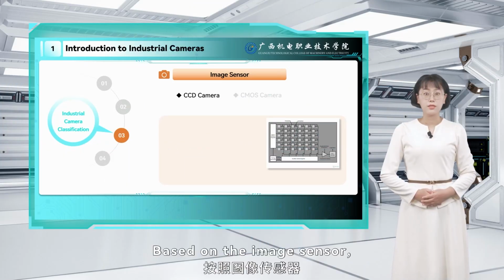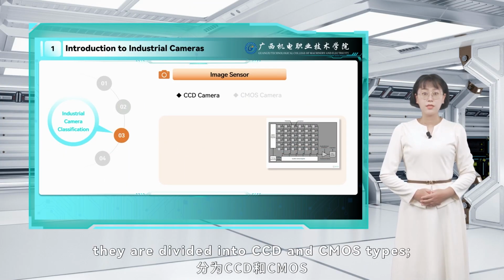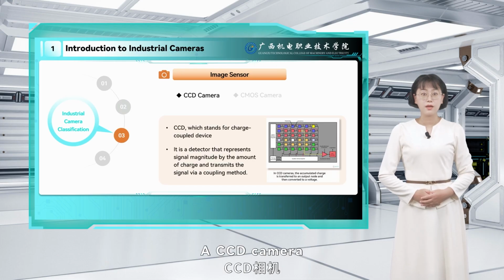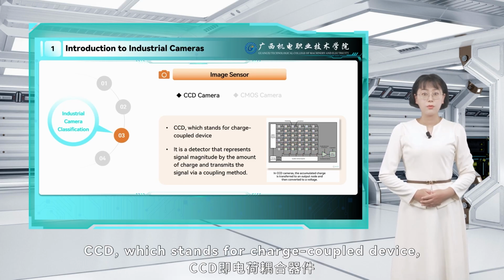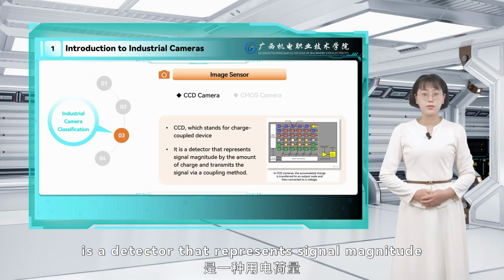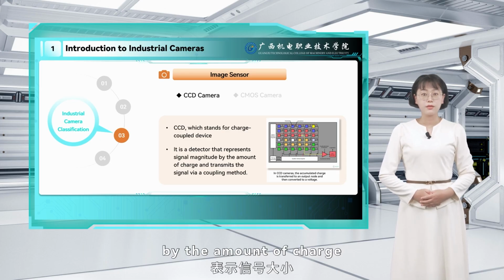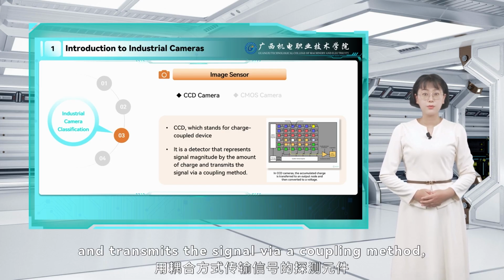Based on the image sensor, they are divided into CCD and CMOS types. A CCD camera refers to a camera that uses a CCD as its image sensor. CCD, which stands for charge-coupled device, is a detector that represents signal magnitude by the amount of charge and transmits the signal via a coupling method.